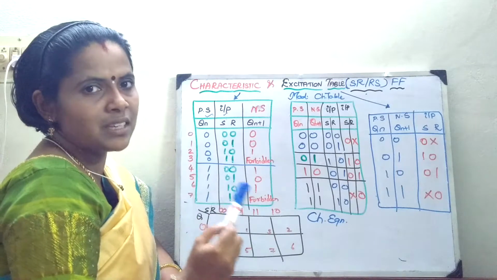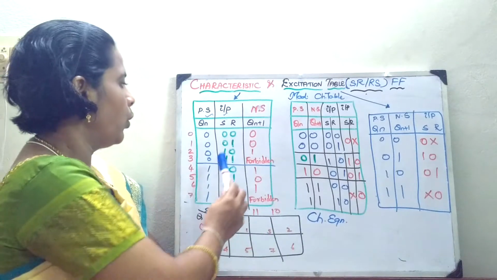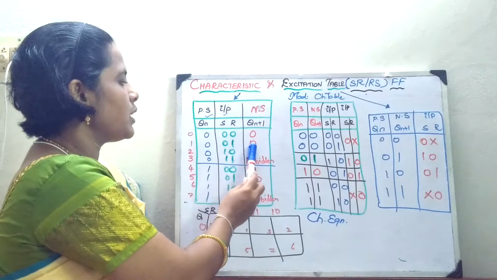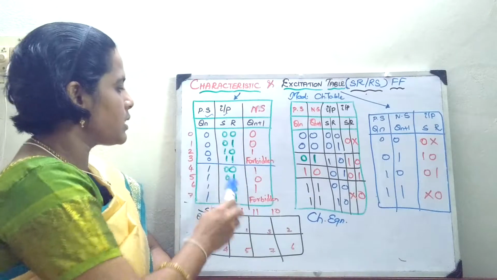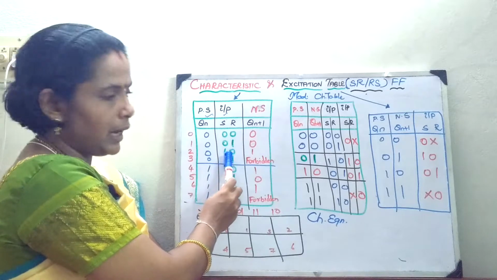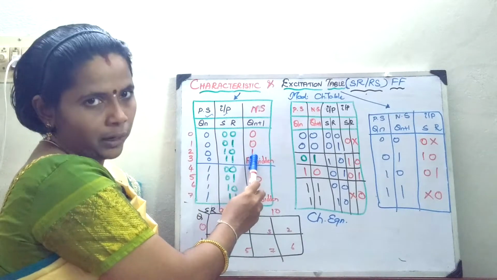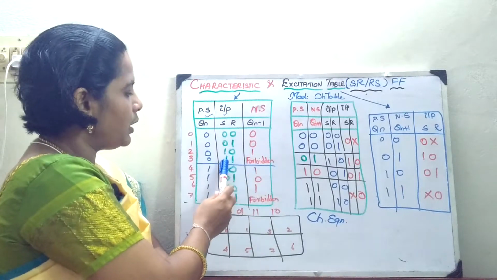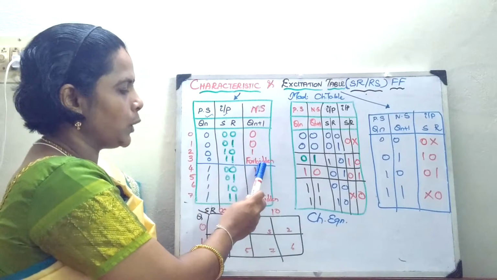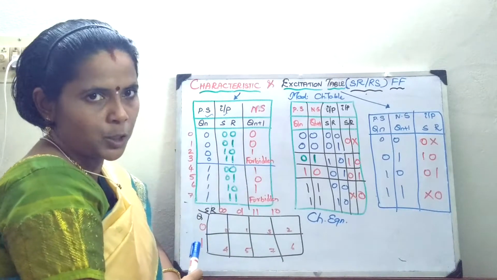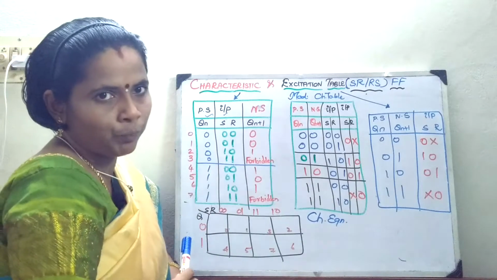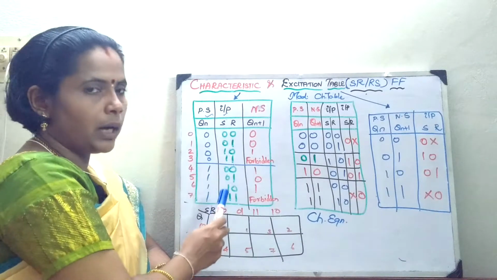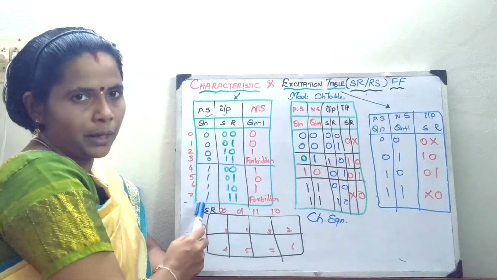Reset means it will reset the output to 0. Whenever the reset is 1, the output is going to be 0. Now, whenever I give the set signal, my set is 1. When it is 1, 1, it is a forbidden condition, provided your past input is 0.